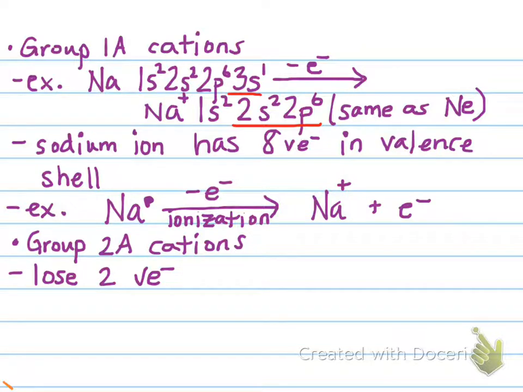So its choices would be it could lose 2 or gain 6. It's going to be easier to lose those 2 valence electrons. To look at this one as an example using that electron dot structure, if we look at magnesium, which has 2 valence electrons because it's in group 2A, it's going to undergo ionization and lose 2 electrons.